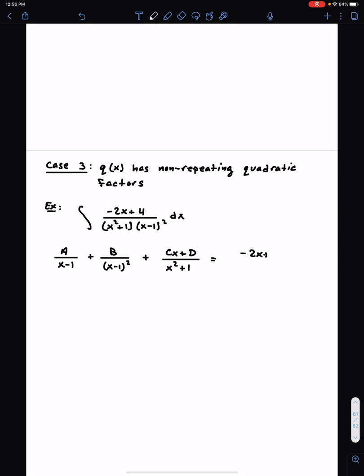This is equal to negative 2x plus 4 divided by x squared plus 1 times x minus 1 quantity squared.